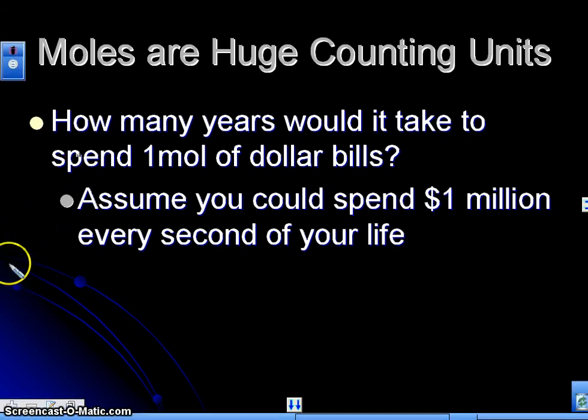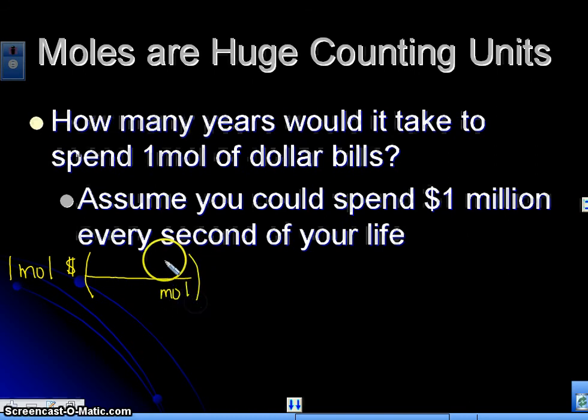So if you have 1 mole of dollar bills, and we know that in 1 mole, we put moles on the bottom and dollar bills on the top. There are 6.022 times 10 to the 23rd dollar bills in 1 mole.